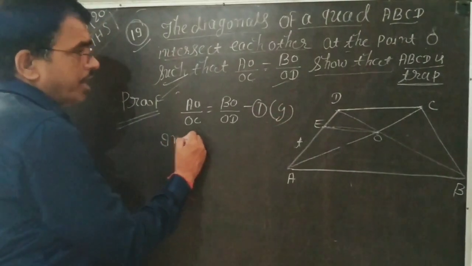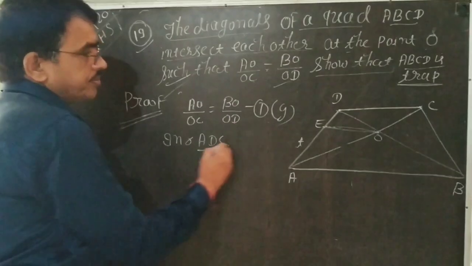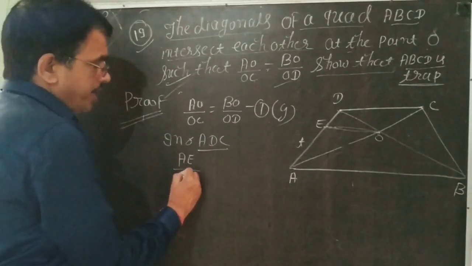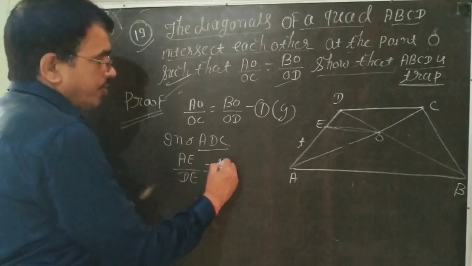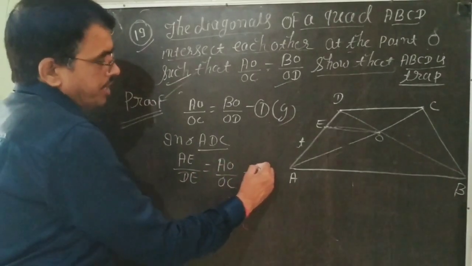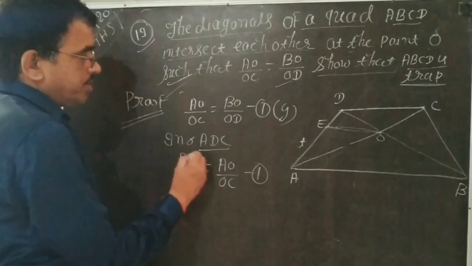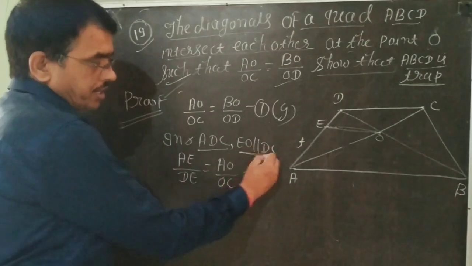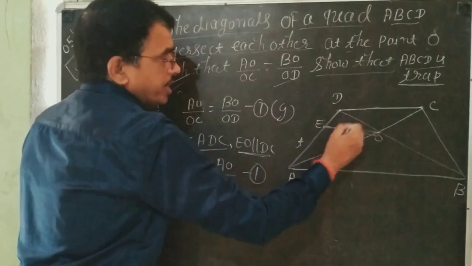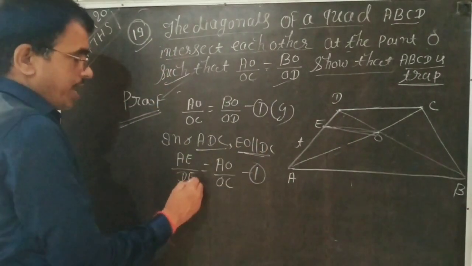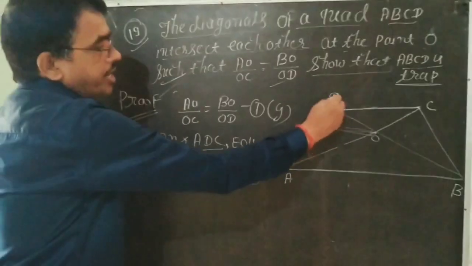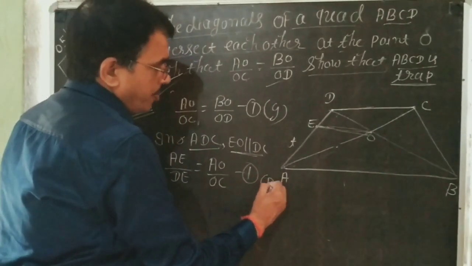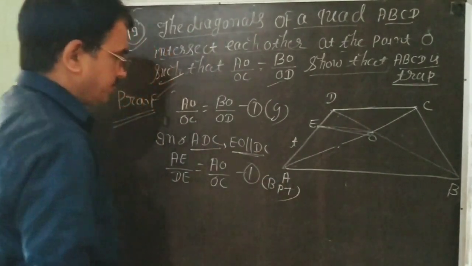And in triangle ADC, AE by DE is equal to AO by OC, because EO is parallel to DC from construction. This EO line is parallel to DC from construction. So AE by DE is equal to AO by OC by the basic proportional theorem.